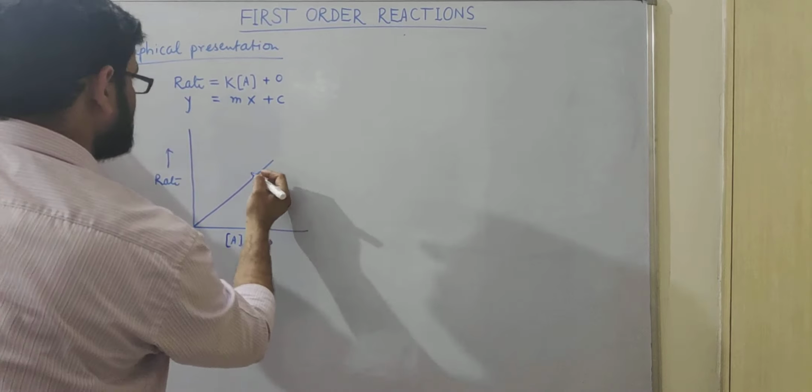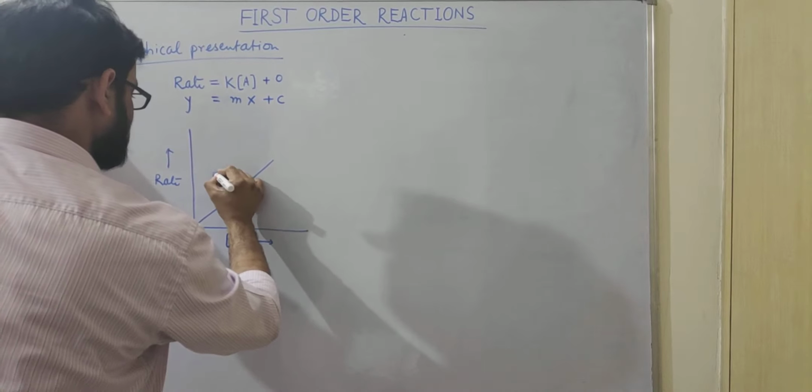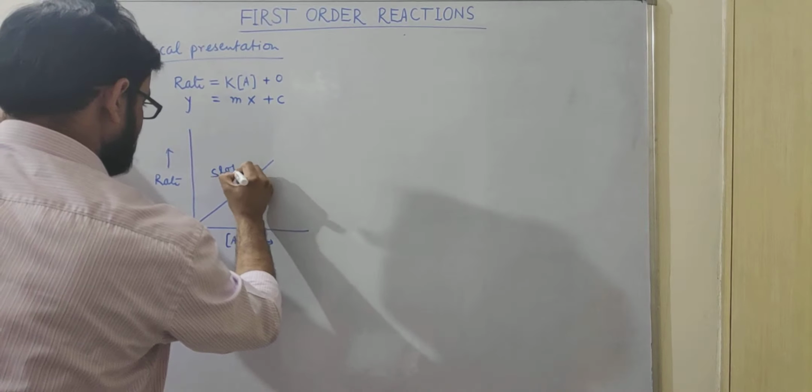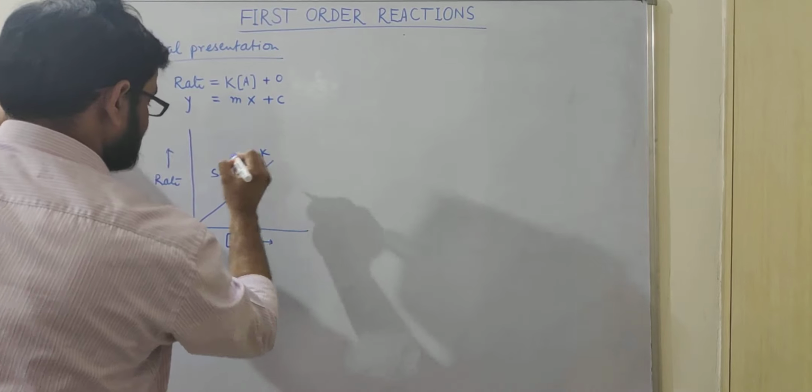So the value of slope m will be equal to k.